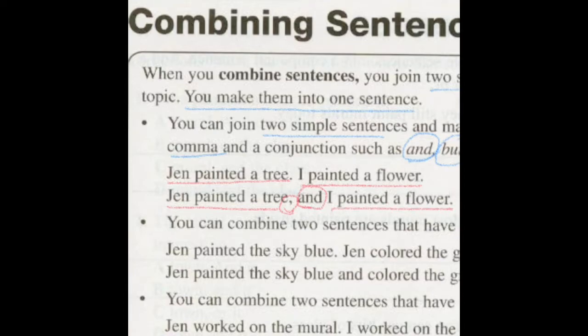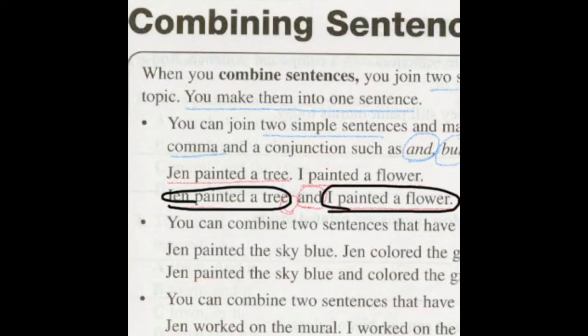And the reason we put the comma in there with our conjunction, both of those sentences, Jen painted a tree and I painted a flower, we did not change them, and they are both still complete sentences on their own. And since they're both complete sentences on their own, when we combine them, we put the comma in there, which we can no longer see. We put the comma in there, and then our conjunction, and then the rest of the sentence.